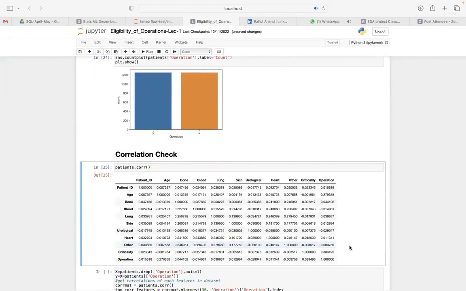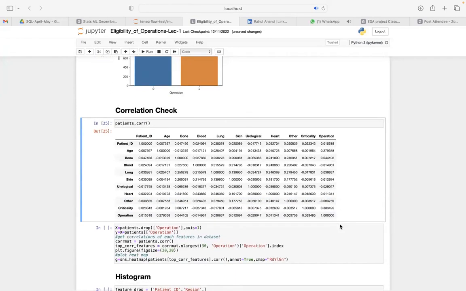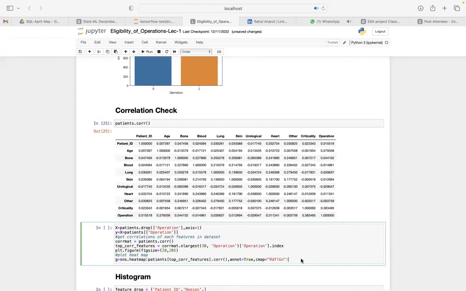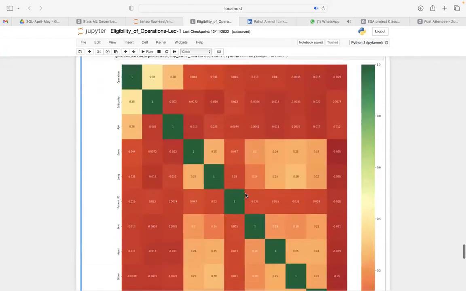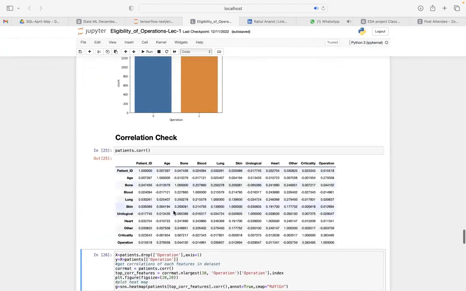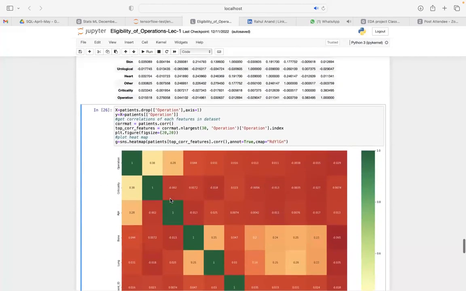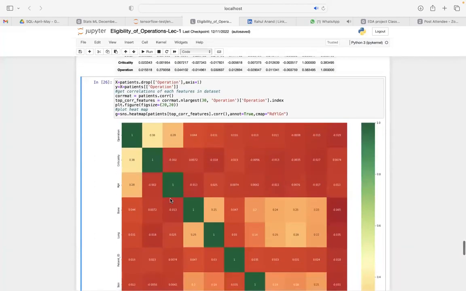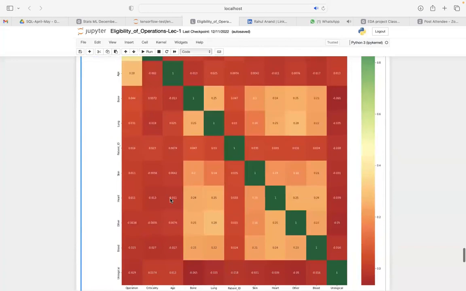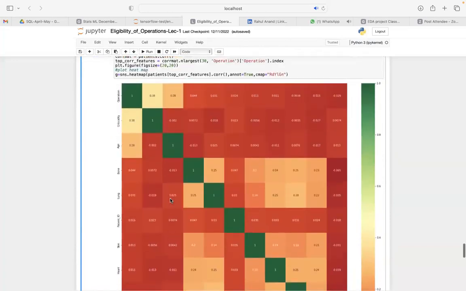Okay, so correlation check. If you want to check the multicollinearity, there is another way to do it as well, but you can simply judge your correlation numbers and see if there is multicollinearity in the data. Either if you're comfortable with this, you can do that, or if you're comfortable with a grid plot, you can check that.